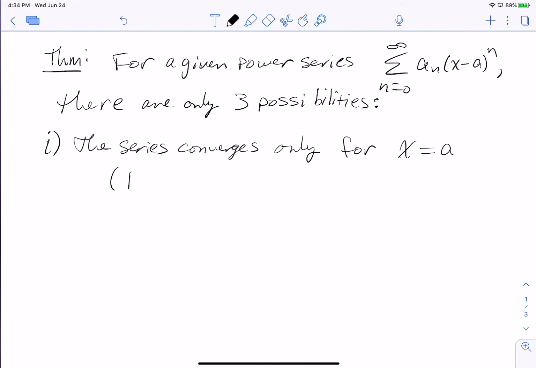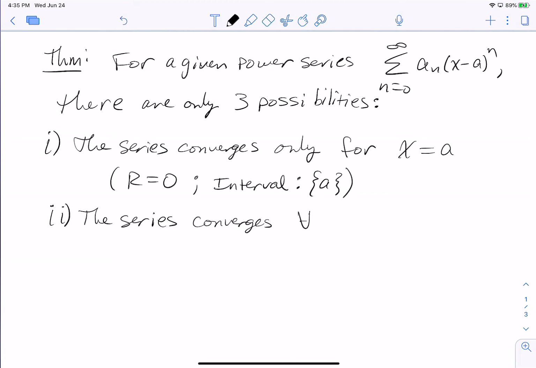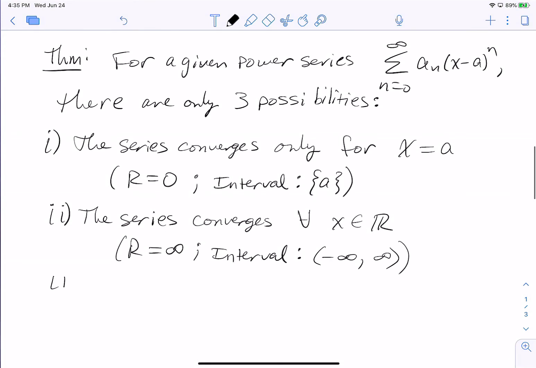In this case, we would say that the radius of convergence is 0, and the interval of convergence really is just the set that contains a. The second possibility is that the series converges for all real numbers, so for all x in the real number system. In this case, we would say that the radius is infinity, and the interval is the entire real number line, -infinity to infinity. Those are kind of special cases.